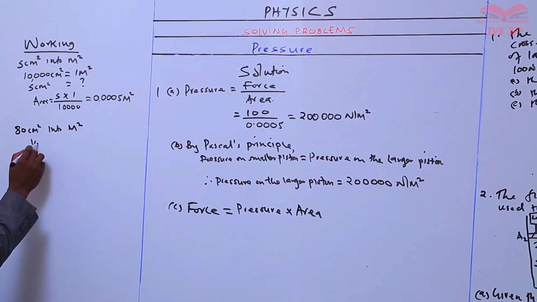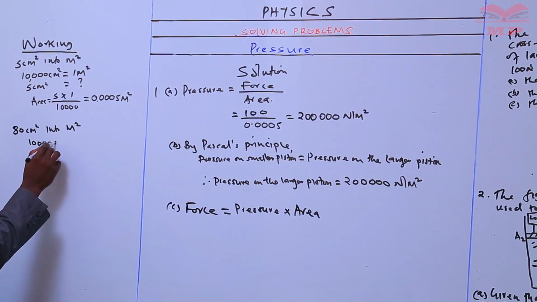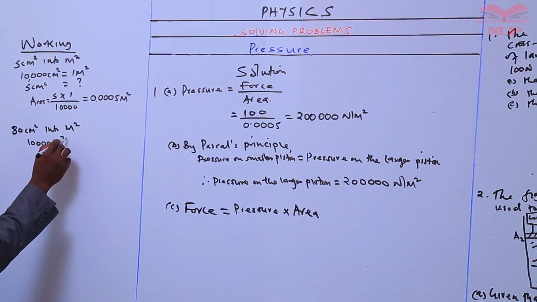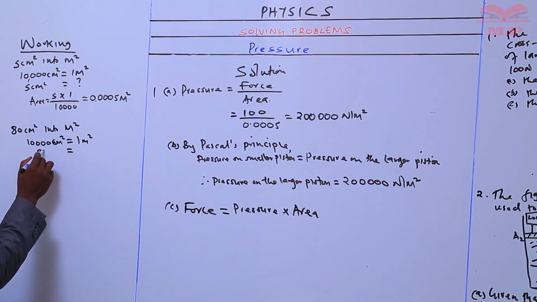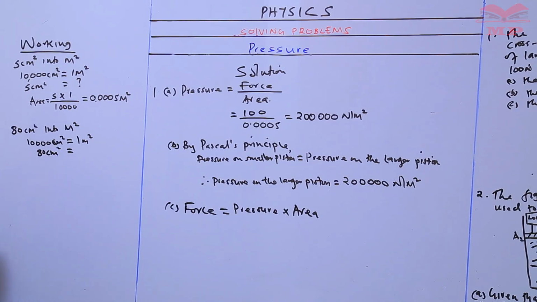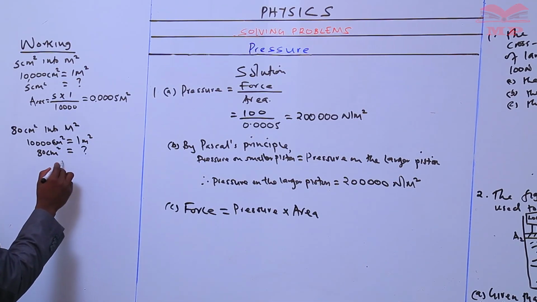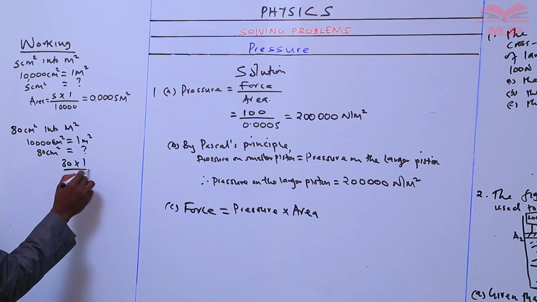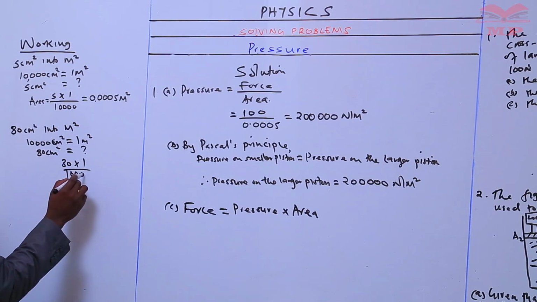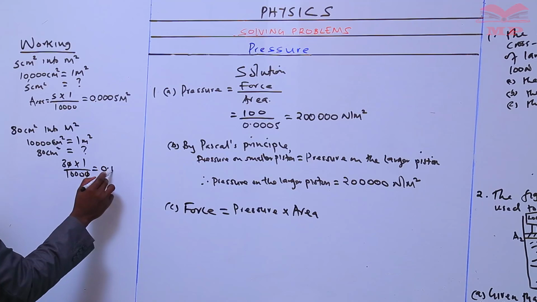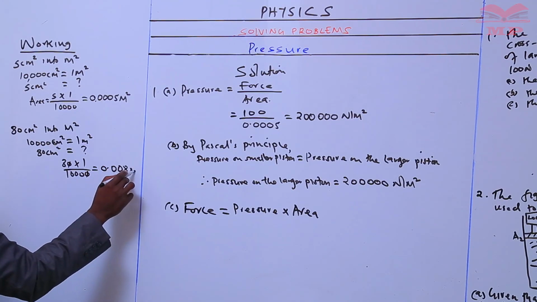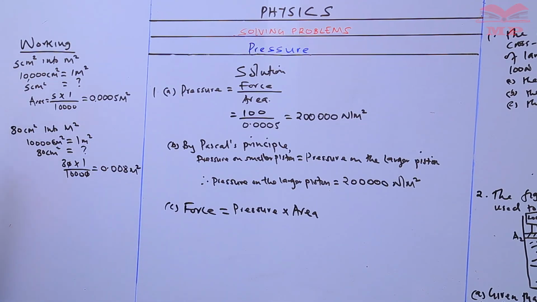10,000 centimeters squared is equivalent to 1 meter squared. So for 80 centimeters squared, you have 80 times 1 over 10,000. This gives me 0.008 meters squared.